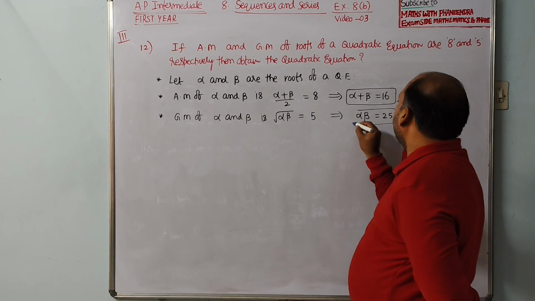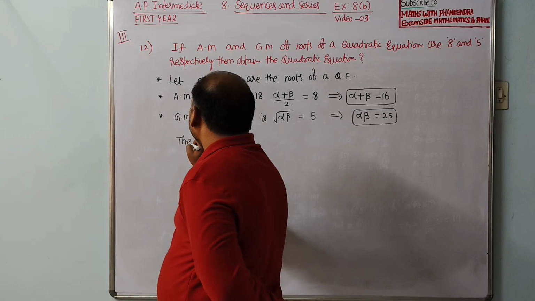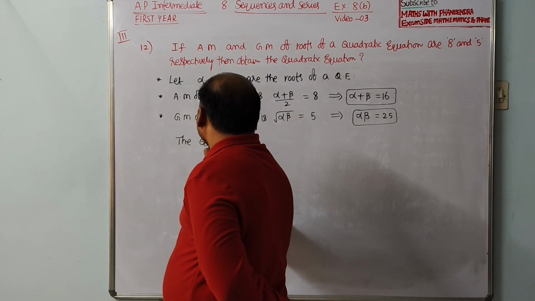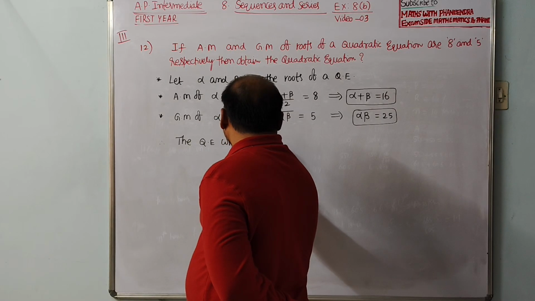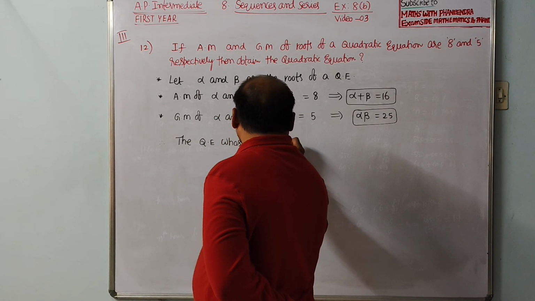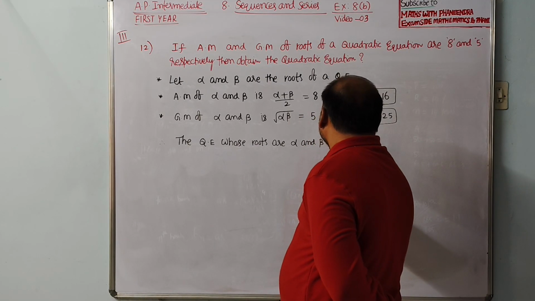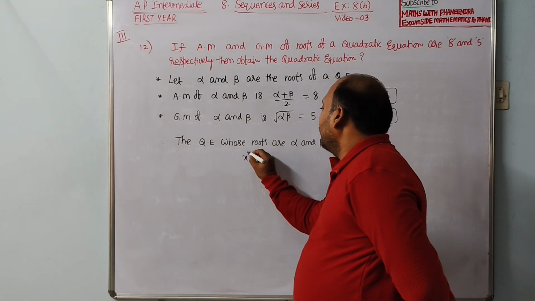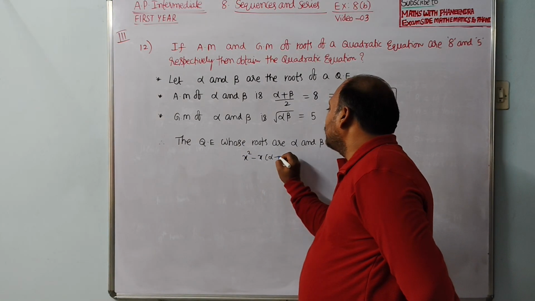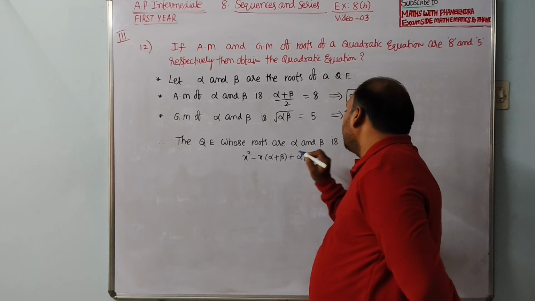So they are asking to find the quadratic equation. The quadratic equation whose roots are alpha and beta is x square minus x into alpha plus beta plus alpha beta equal to 0.